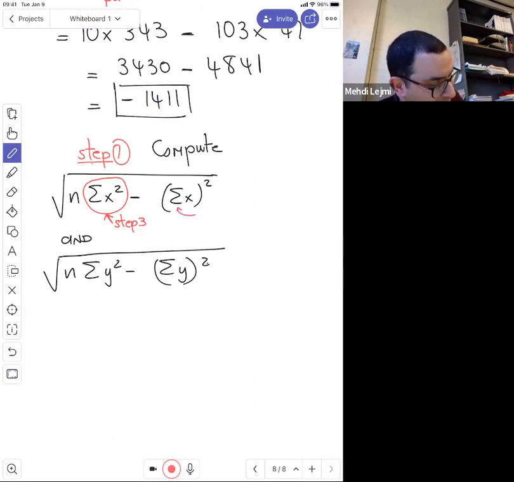The sum of the x's is from the first step, but then we need to take the square of the answer. That's from step 1. Here, the same thing: the sum of the y squared is from step 4, and the sum of the y's here is from step 2.